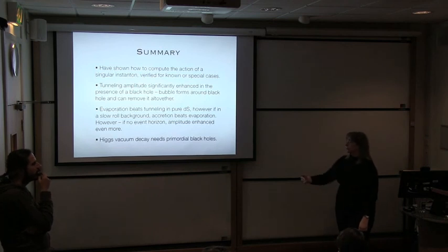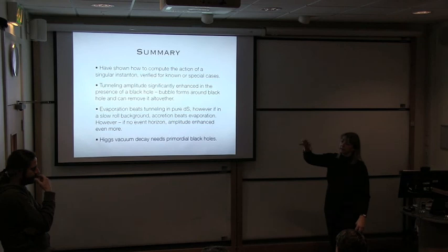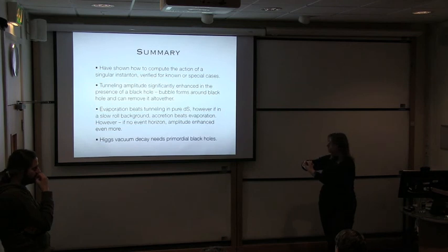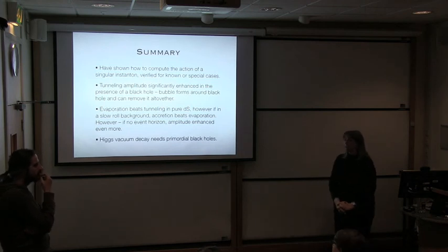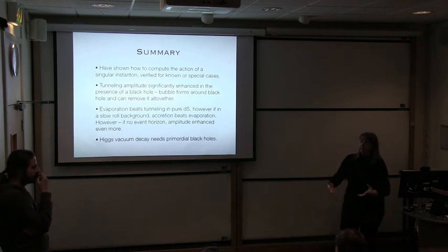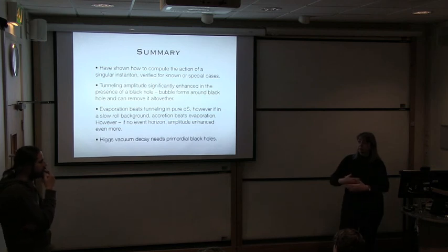So that's why I said that if there's no event horizon, if you have some static knot of scalar field, then it's got an even lower action because there's no event horizon. So it's coming from this other way of doing the calculation.